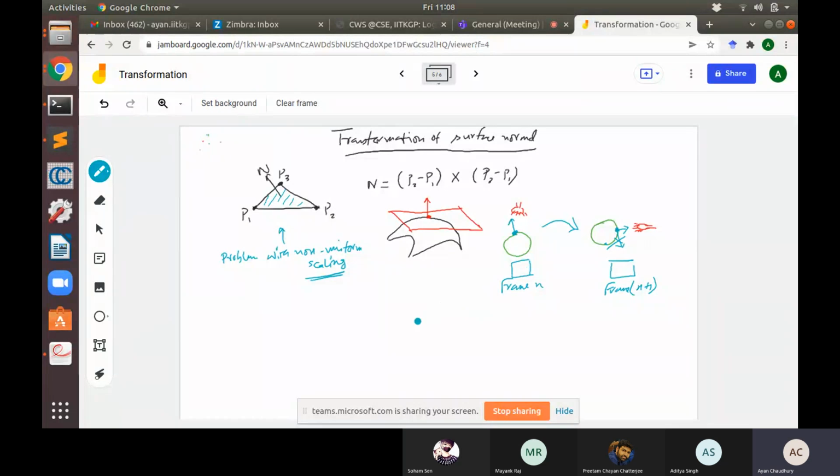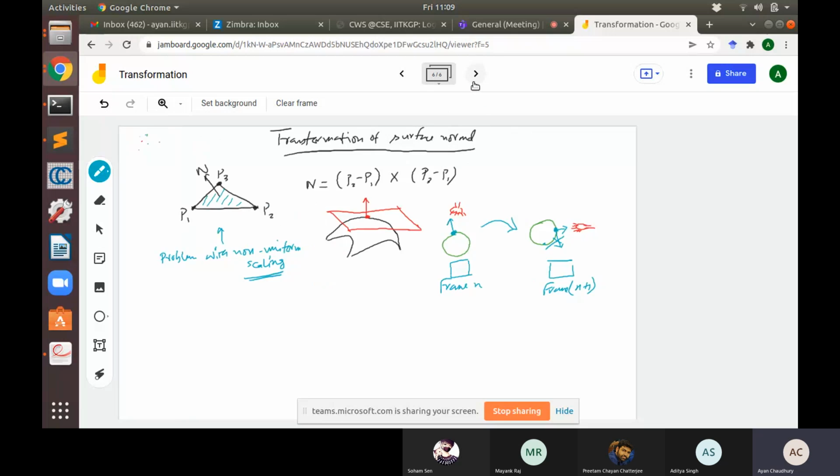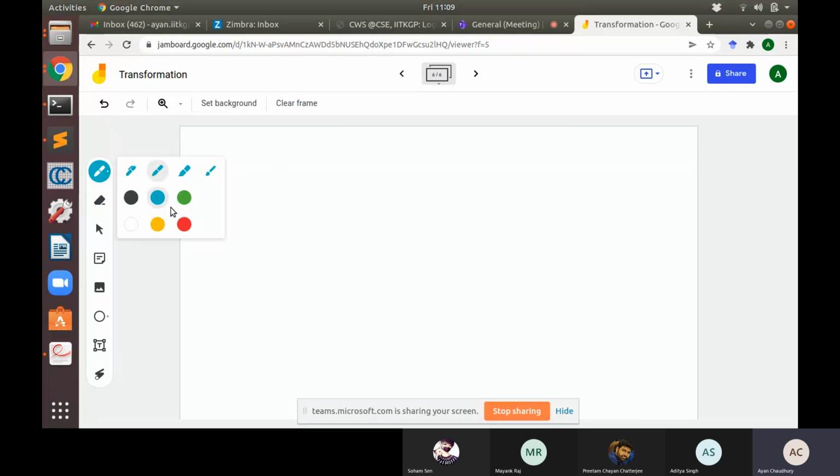Okay, so let's take an example of why the surface normal is problematic with non-uniform scaling. Let's consider an axis like this. This is my coordinate axis. Let's say here is 1 and here is 2, and here also 1 and 2.